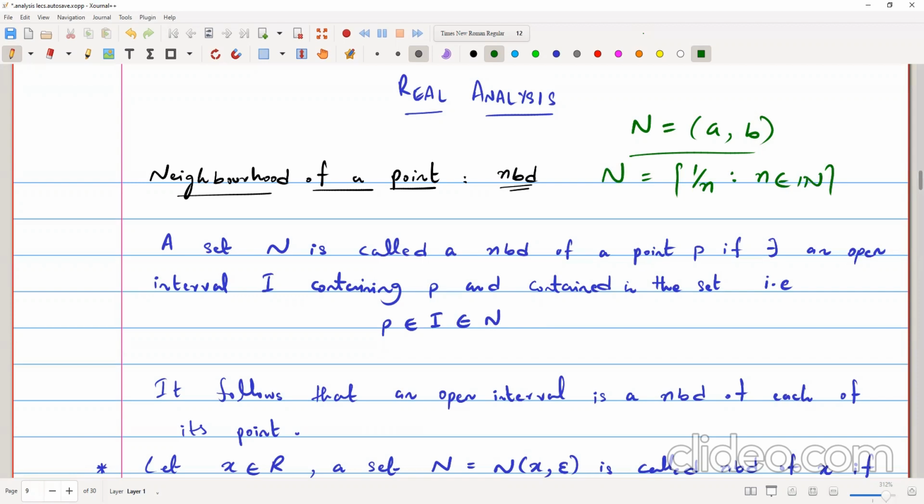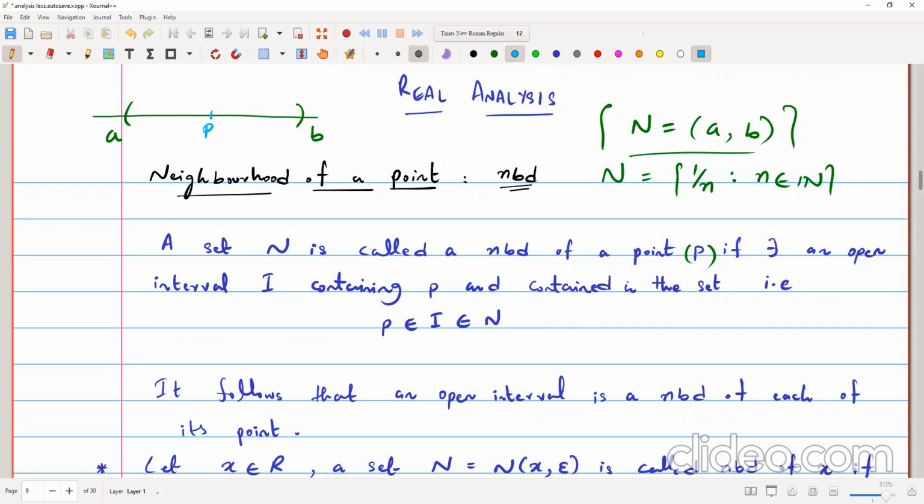So this set that we have taken, or any set, will be a neighborhood of a point P contained in N, that is point P. For instance, if I draw this interval AB here, there is some point P inside this interval.